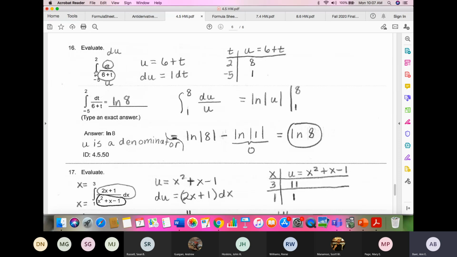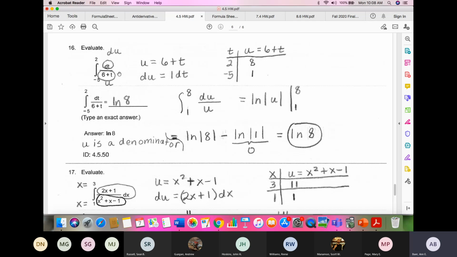So we want to evaluate this integral from -5 to 2 dt over 6 plus t. So there are choices for u: base, denominator, exponent.